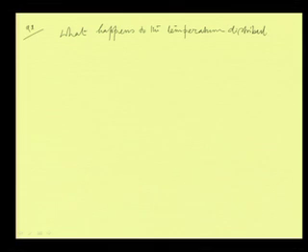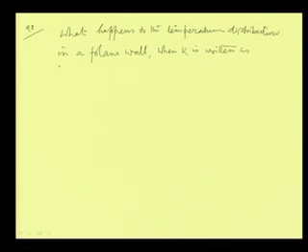Question 1: what happens to the temperature distribution in a plane wall when thermal conductivity K is written as K naught into 1 plus C into T, where C is a constant?